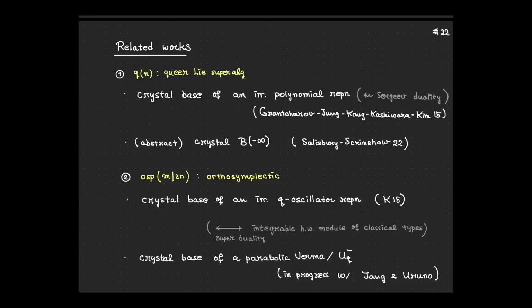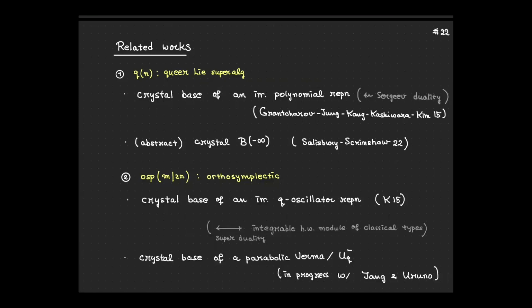This polynomial representation also appears naturally from the analog of Schur duality. People call it the Sergeev duality, or the Schur-Sergeev duality. It forms a nice semisimple tensor category, and in that paper the crystal base exists, and there are also other related papers. Using those crystals, it has a very nice application to the combinatorics of Schur Q-functions.